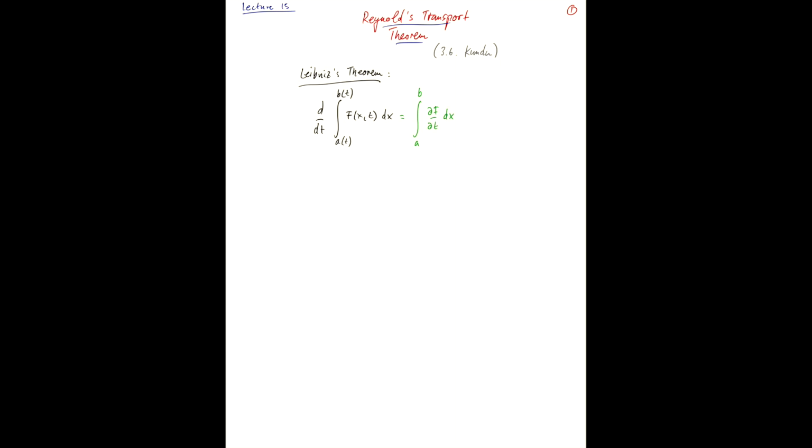So this is essentially the change of f in itself, and then you have to take into account the changes due to the boundaries changing. So you subtract f of a and t times dA/dt, and you add f of b and t times dB/dt.